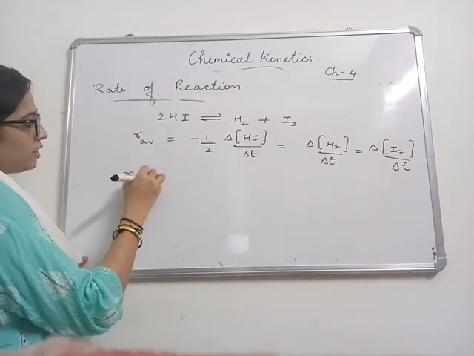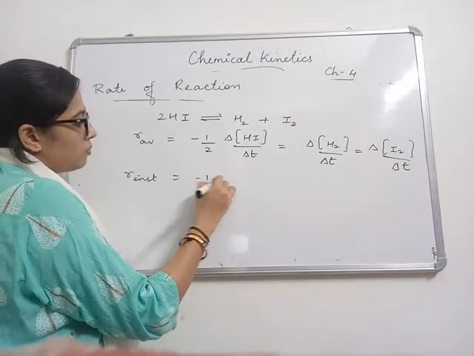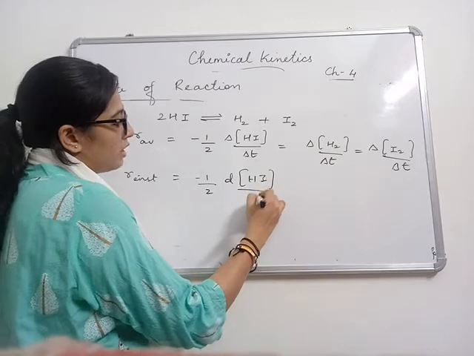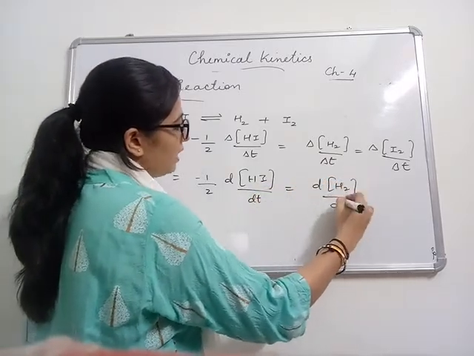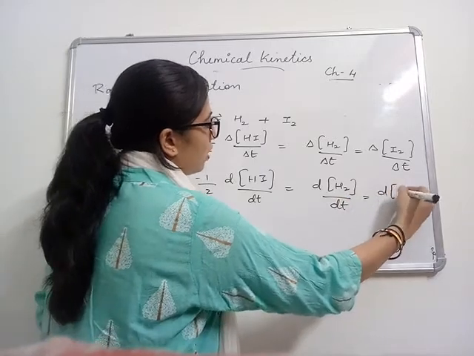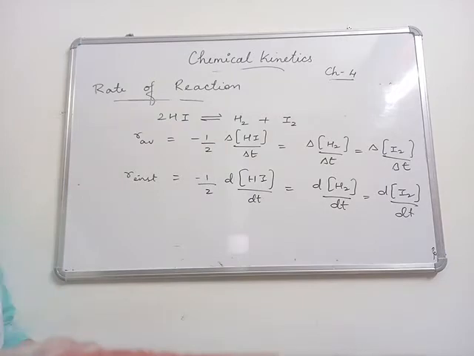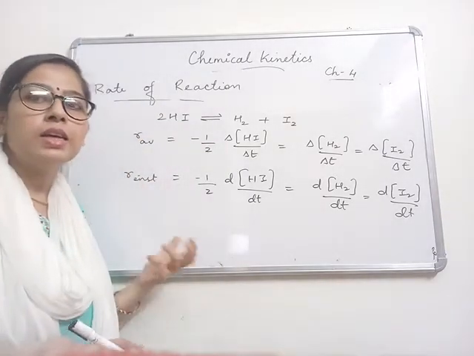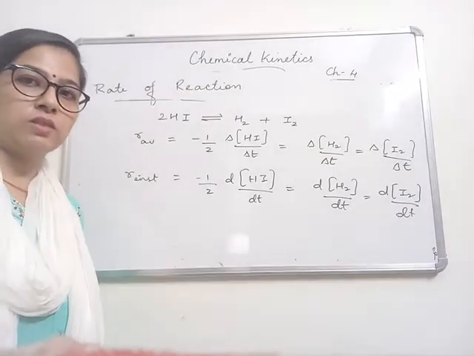And R instantaneous is equal to minus 1 by 2 d of HI upon dt, which is d of H2 by dt, which is d of I2 by dt. So this is the expression to find the rate. Both rates have been written, average as well as instantaneous rate. So this is about the rate of a reaction.